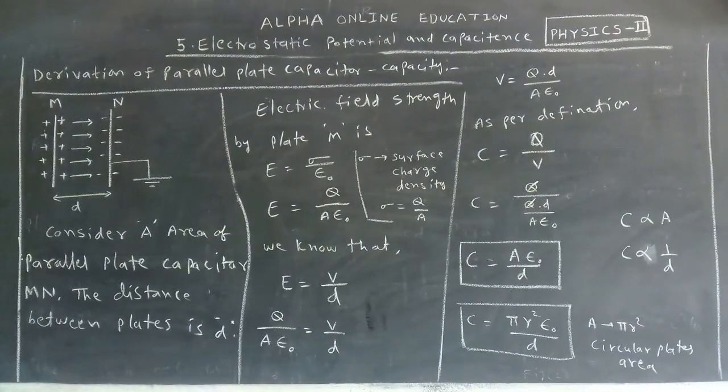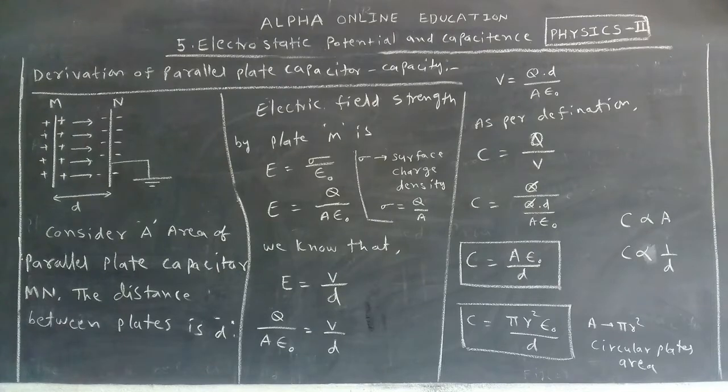To solve this, we should remember one point, that is electric field strength by a plate, E is equal to sigma by epsilon naught. This proof we studied in the previous chapter, the electric charges and electric fields chapter.